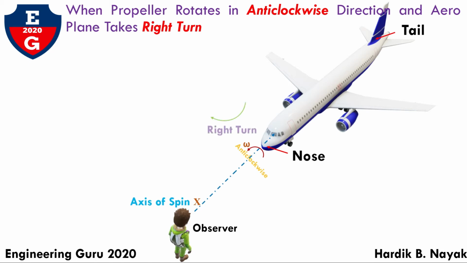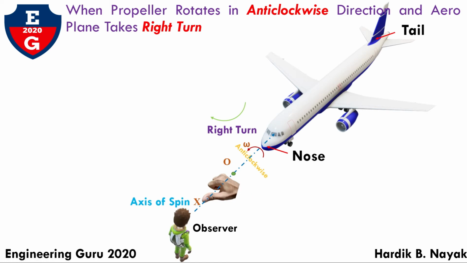So here a right turn for the plane is given. Curl the right hand fingers along the direction of the propeller. The propeller is rotating anti-clockwise, and here I am curling the fingers in the anti-clockwise direction. The right thumb indicates the velocity vector.